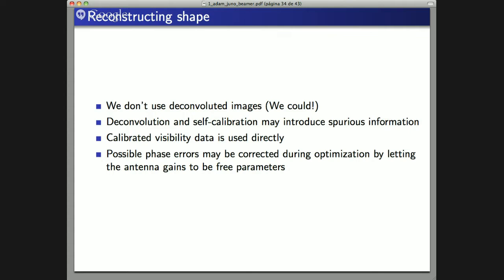We could, of course, but we use the calibrated visibility data from the instrument. And of course, there's a problem with the phase errors, but in this case, the phase errors did not affect the shape solution, so we ignored those.